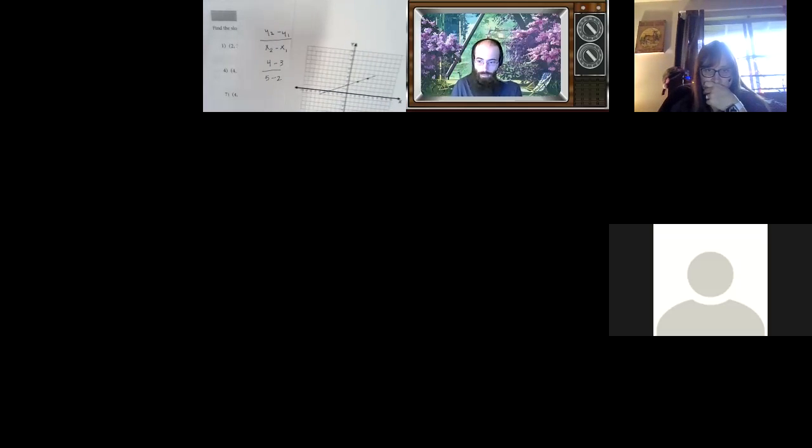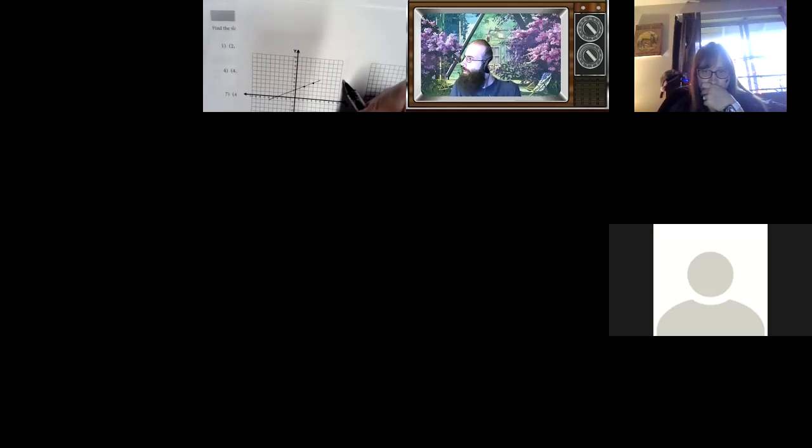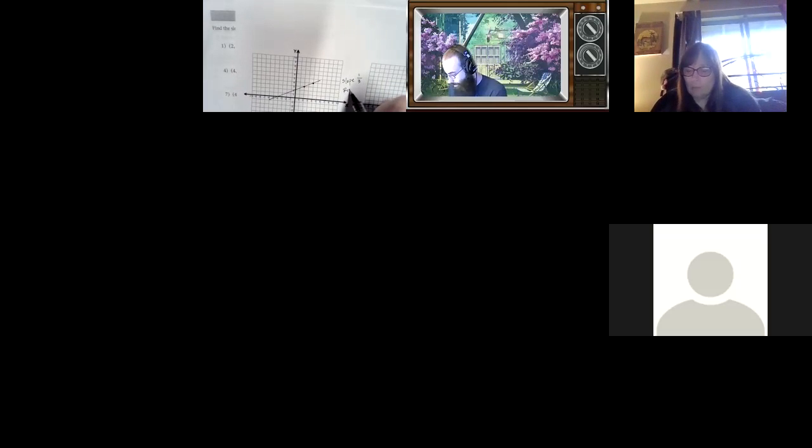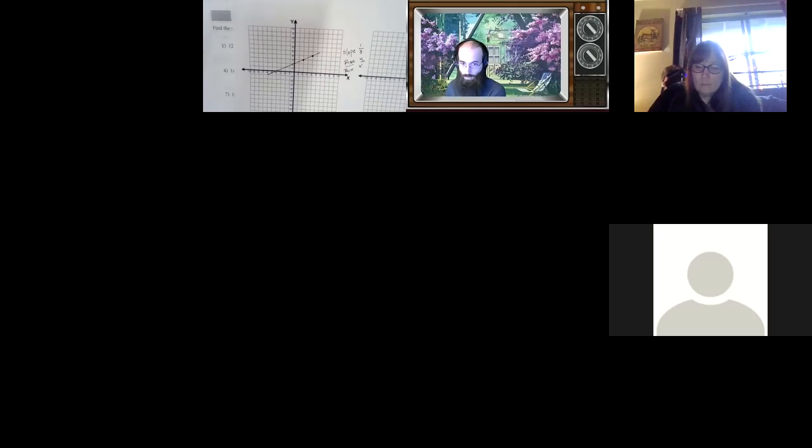All right, so we're looking at a 1/3 slope. And again, slope is just the steepness of the line. Rise over run, or y over x. All right, we're looking at our 2 coordinates.